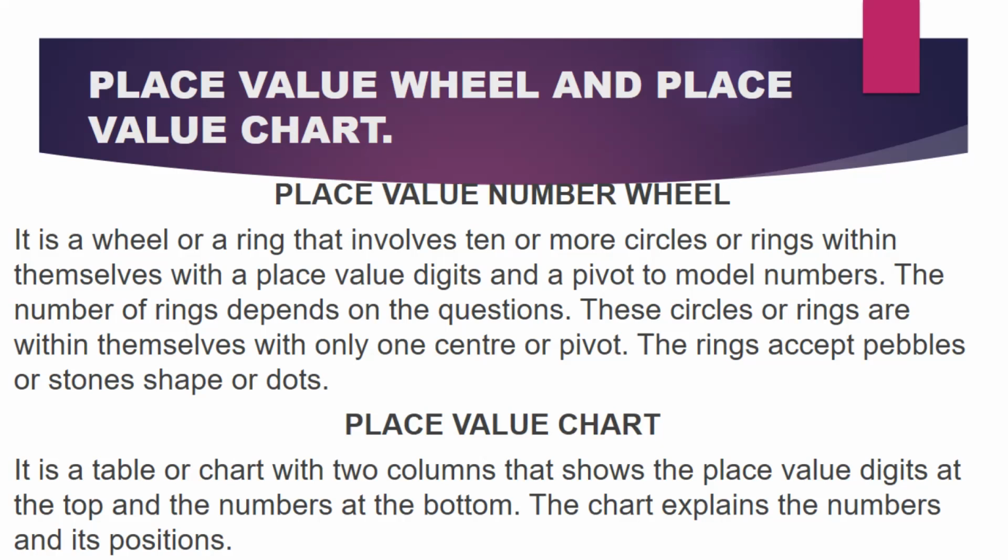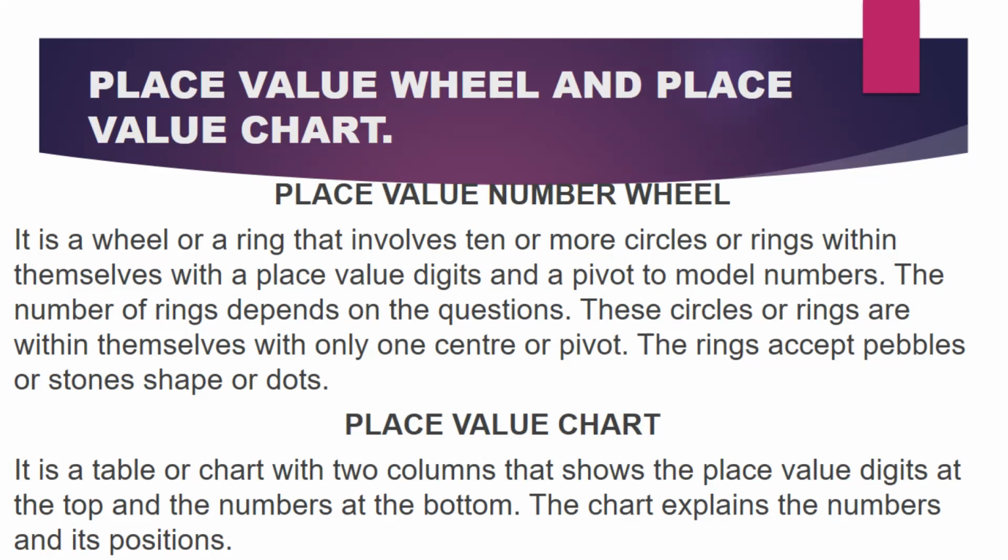The chart explains the numbers and their positions. The wheel will be given to you and they will ask you to use the place value chart to represent the numbers of the dots that have been put in the wheel, and then write them in figures or in numerals.